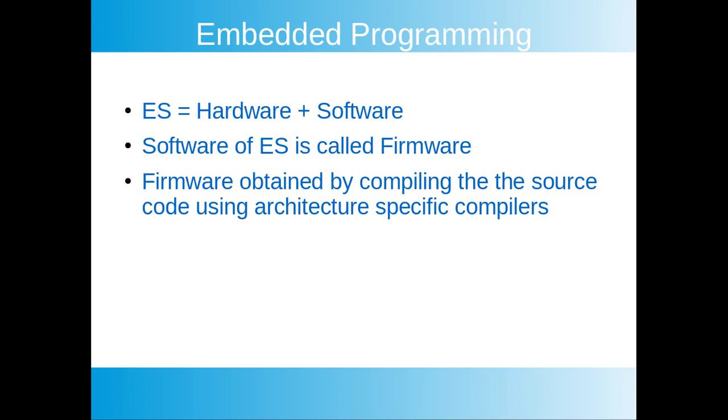If we use C or CPP, we need a compiler to convert the source code into the binary format. And this compiler should be an architecture-specific compiler, because if our embedded system is version 7, the compiler should be version 7.